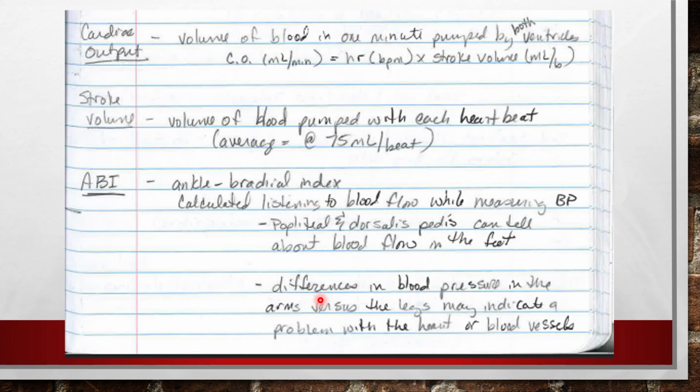The differences in blood pressure in the arms versus in the legs may indicate a problem with the heart or blood vessels.